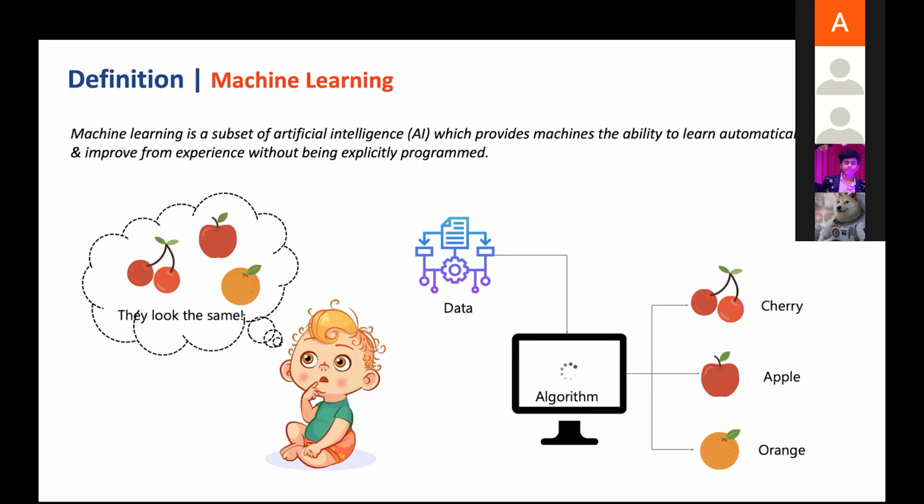Now we know what an apple is. Or let's say the child is now familiar with all these products. If you give him 100 different items, of which 25 are apples, 25 are oranges, and 50 are cherries, and ask him to just put similar fruits in one basket and others in another basket, the child will put all the apples in one basket, oranges in another, and cherries in another. So this is unsupervised learning. We are only finding patterns. Whatever similar things we see, we put in one basket.